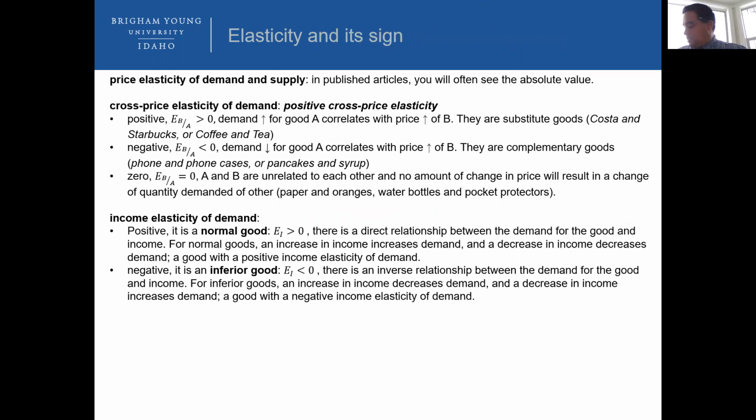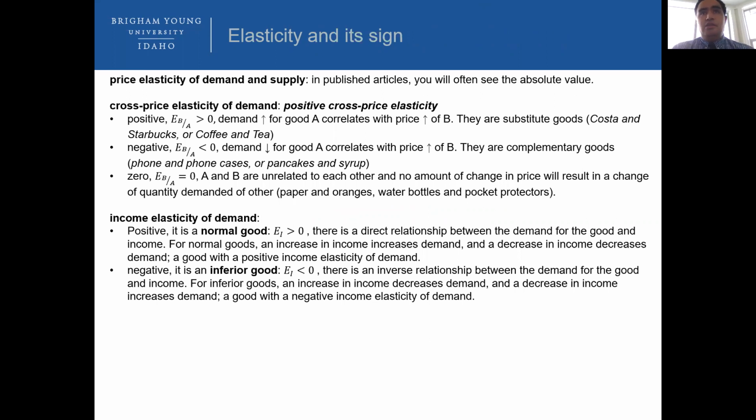So this brings us to the cross price elasticity of demand and income elasticity of demand. Remember, in published articles, for price elasticity of demand and supply, you'll usually see the absolute value. You won't see a -2 or whatever. I mean, you might, but just remember, it comes to the same thing.